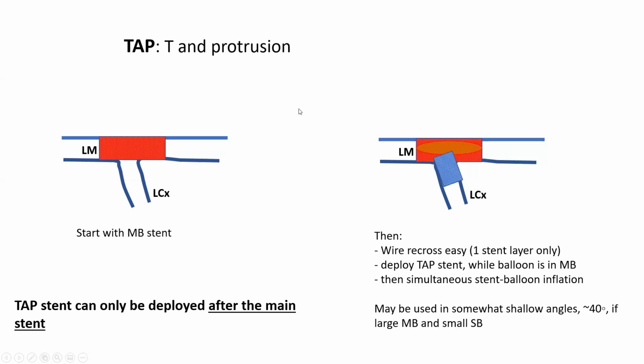You can do inverted TAP. So normally, if I do planned TAP or provisional TAP, we stent left main to LAD, then we put a TAP stent in the circ.